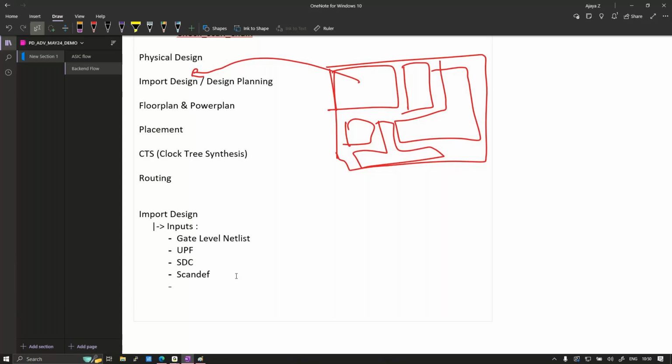All that particular information is required. So that is called a technology file. And for each and every technology metal layer, there will be parasitics also, RLC, right? Parasitics are RLC. So that related information also has to be provided.